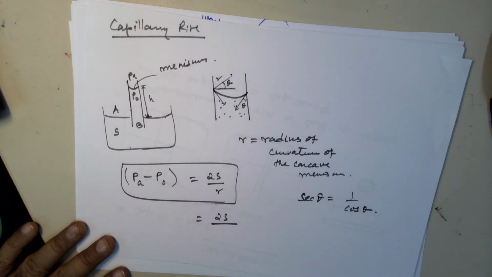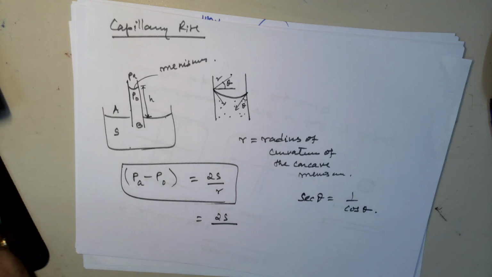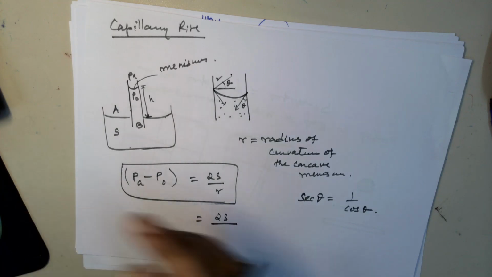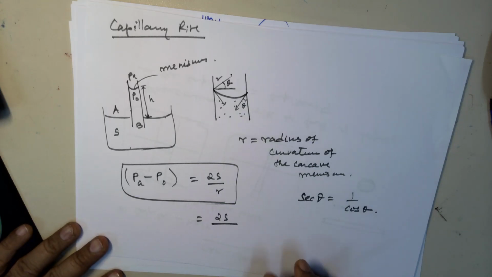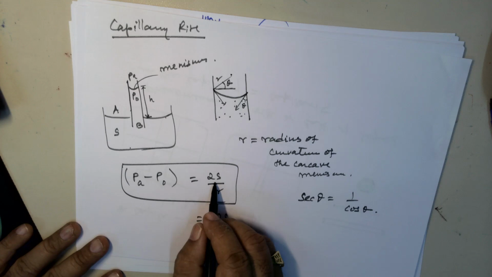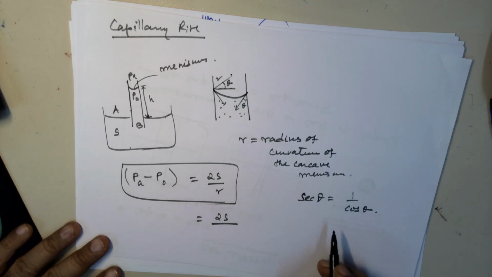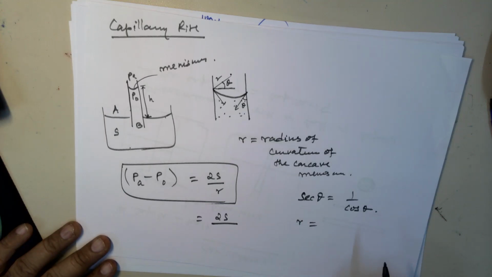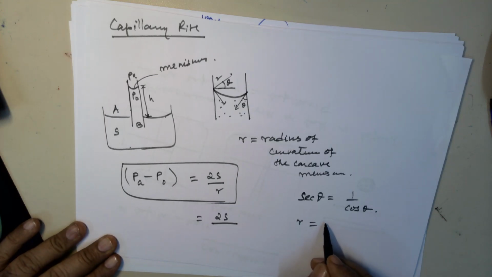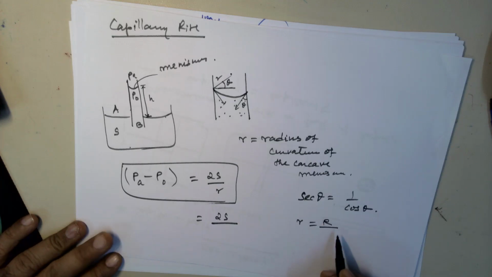Secant theta is 1 by cos theta. Now here, this r is equal to R by cos theta.